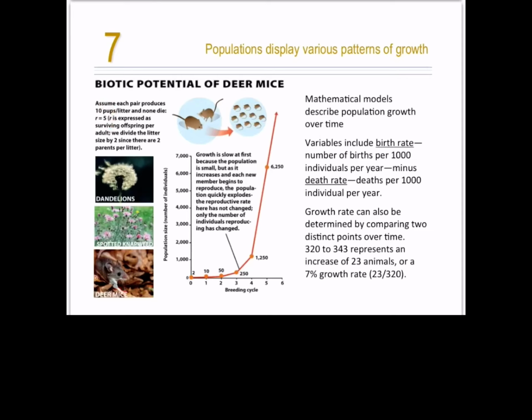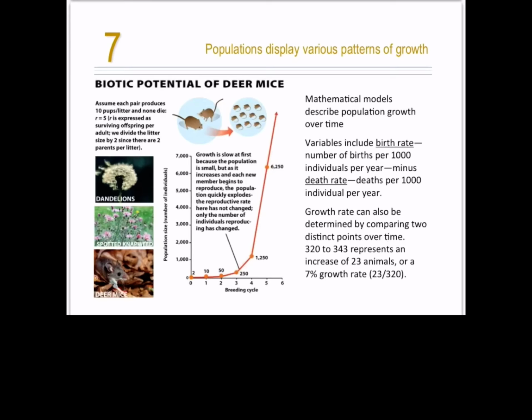So if you look at this graph here, population size on the y-axis, breeding cycle on the x-axis: if we start off with 2 individuals, then we go to 2 times 5 is 10 individuals, then 10 times 5 is 50 individuals, 50 times 5 is 250, 250 times 5 is 1,250, 1,250 times 5 is 6,250 individuals. So you can see over a very short breeding cycle, this population is going to grow exponentially.